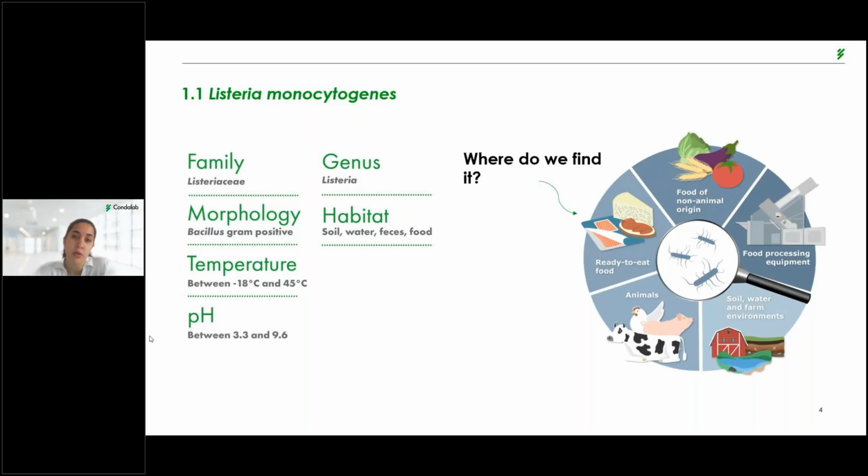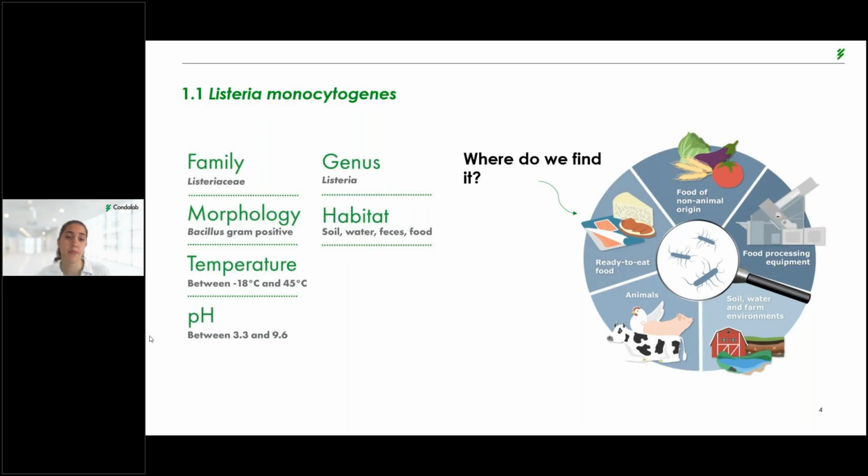Its optimal growth temperature to duplicate is between 30 to 37 degrees, but it can also do it between 2 degrees to 45 degrees. So that's why Listeria is a big problem, because even when we have our food in the fridge, it can duplicate there. So it's really important to control it, to eliminate it and to detect it.